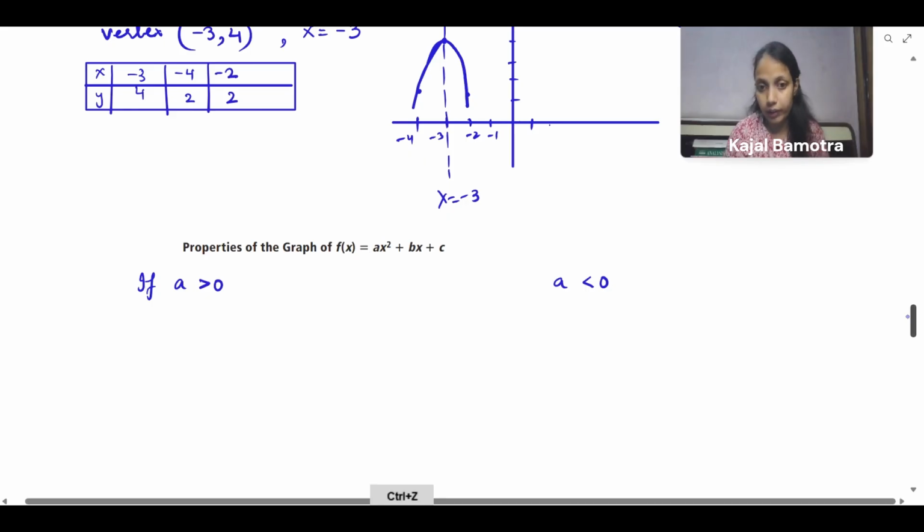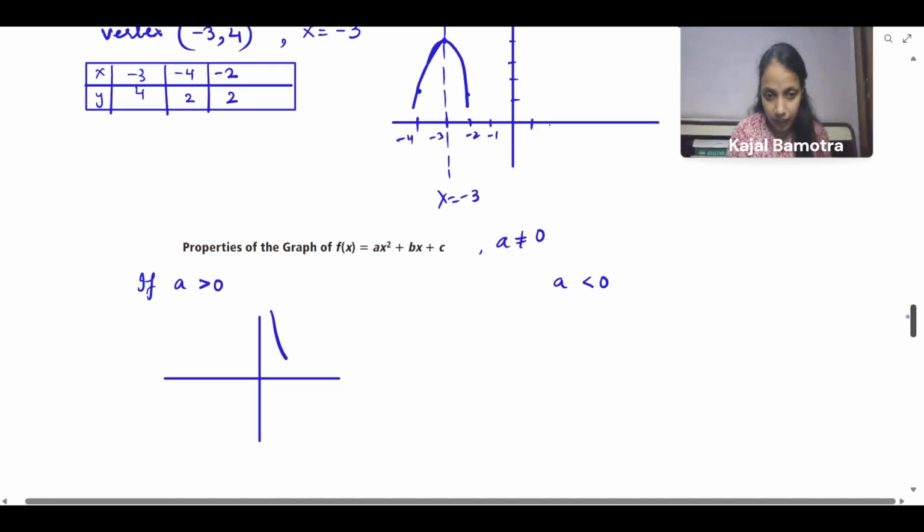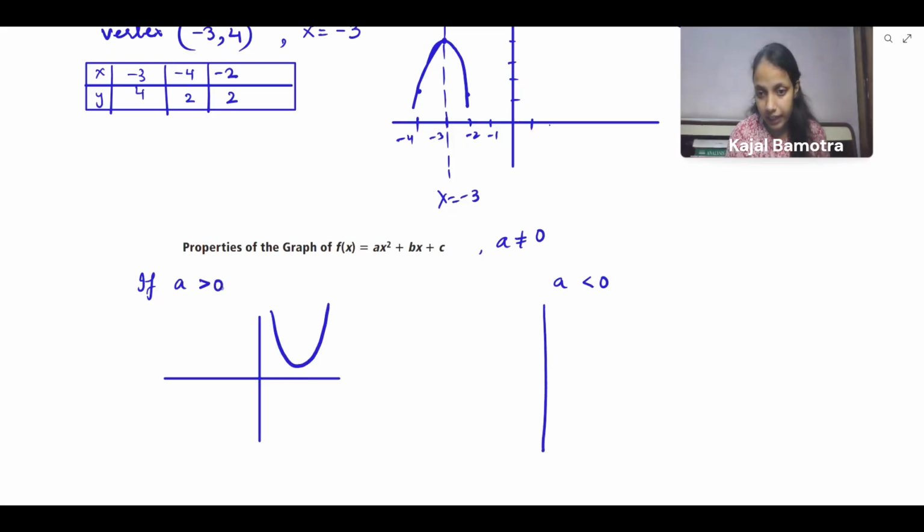I want a quadratic, so a cannot be 0. What are the possibilities? Greater than 0 or less than 0. If it is greater than 0, the graph will be an upward parabola with the vertex. If a is less than 0, the graph will be a downward parabola. These are the main properties.